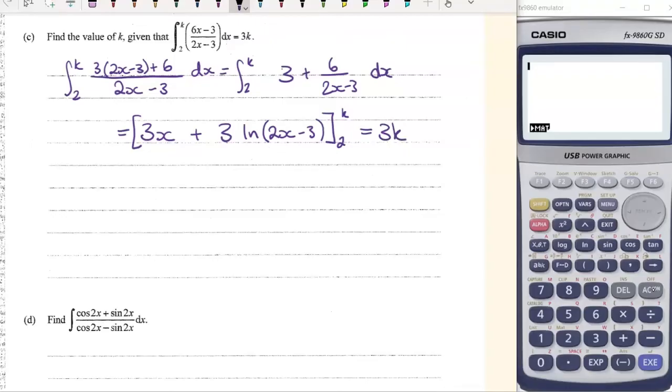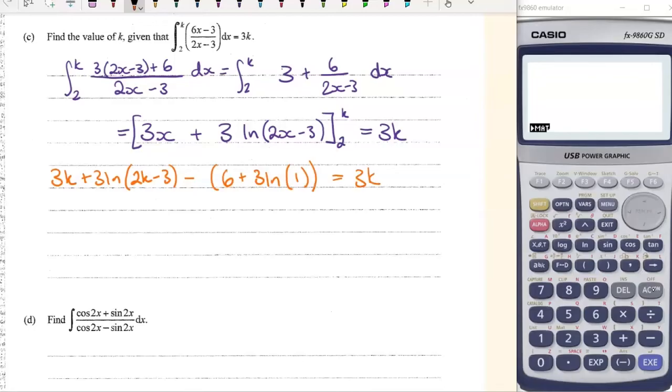So substituting in k, we've got 3k plus 3 log of (2k minus 3), take away, if we substitute in the 2, we'd have 6 plus 3 log of 2 times 2 is 4, take away 3 is 1. Now that happens to come to 0.